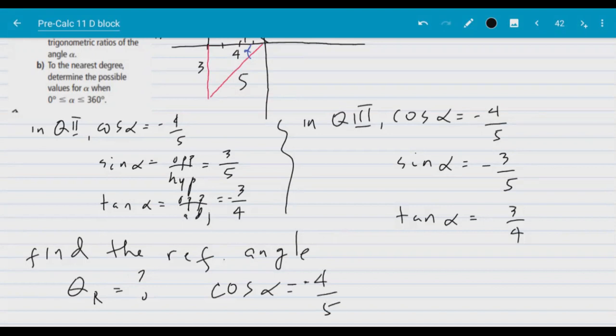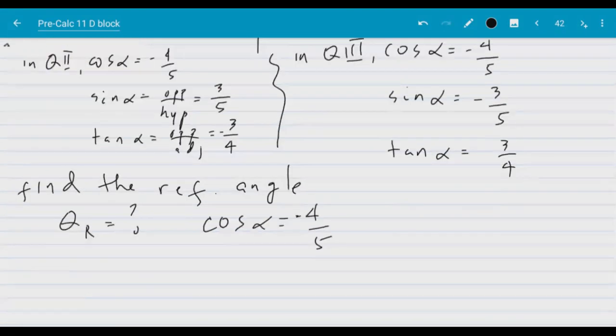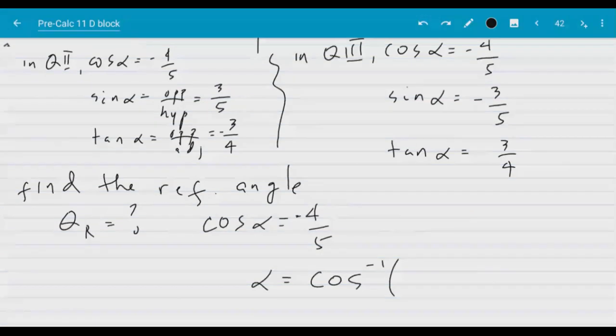But then guys, when we use the calculator to find the reference angle, we don't do cosine inverse of negative 4/5. We do not do that. We only use the positive value because that's how the calculator is designed. All right.